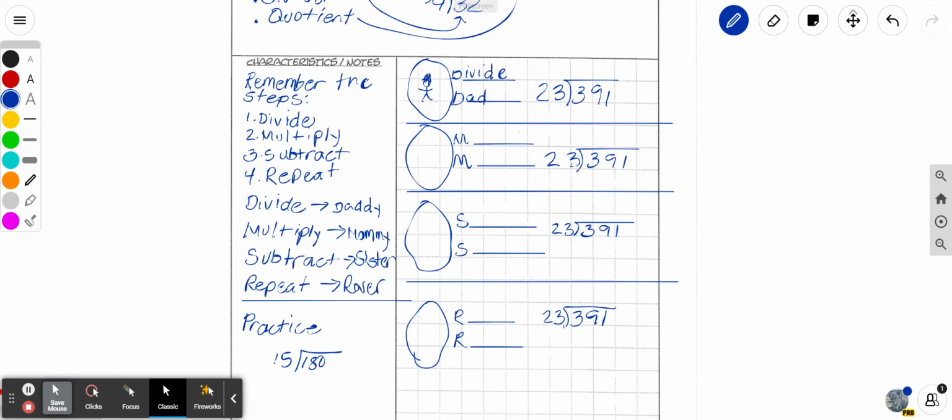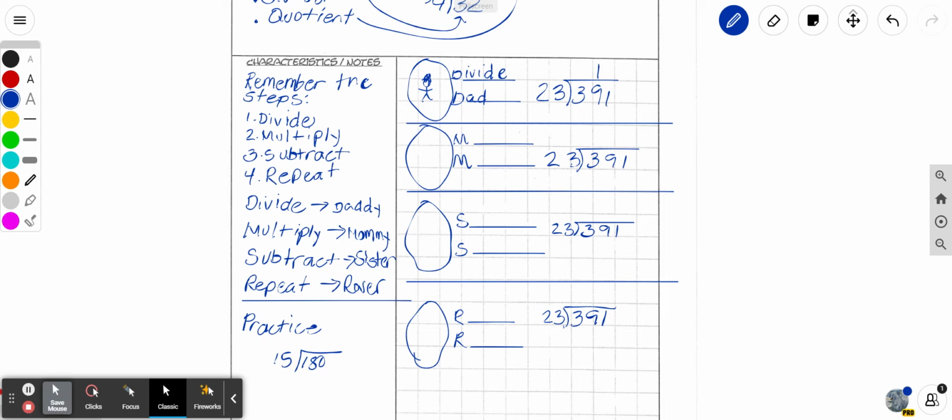And I know 20 times 2 would be 40, so 23 times 2 is definitely going to be bigger than 39. So I know that 23 can go into 39 only 1 time, so I'm going to put the 1 here. And I divided it into 39, so I like to put that digit over the last digit of the number I divided into.